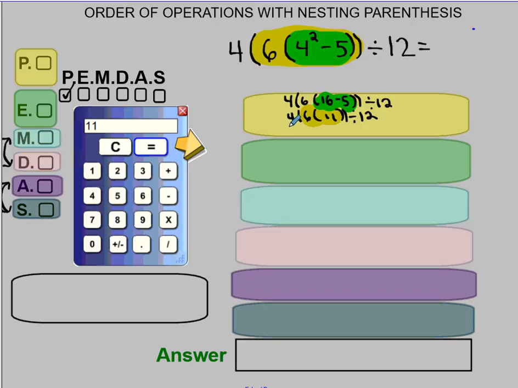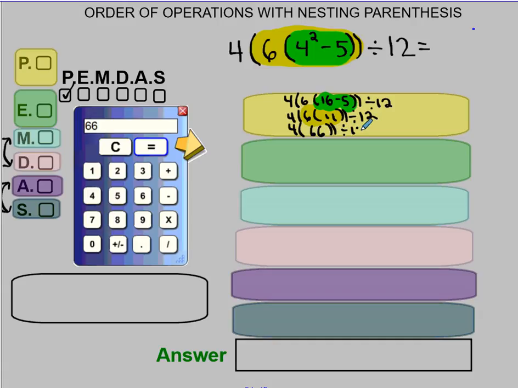So we're going to do 4 times, now what's 6 times 11? 6 times 11 equals 66. So we got 4 times 66 divided by 12.